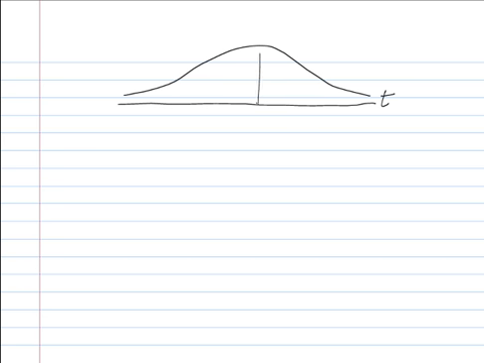So here is the t-distribution, and we know that degrees of freedom are 63. Area in each tail is 0.005.